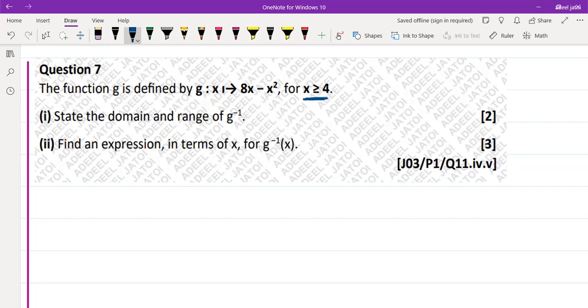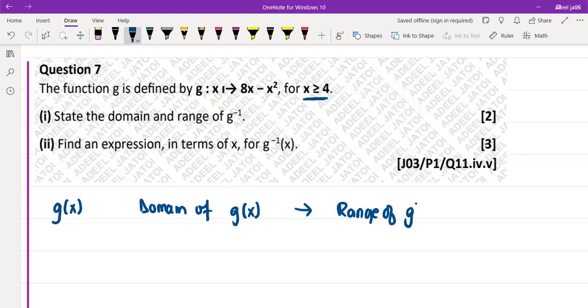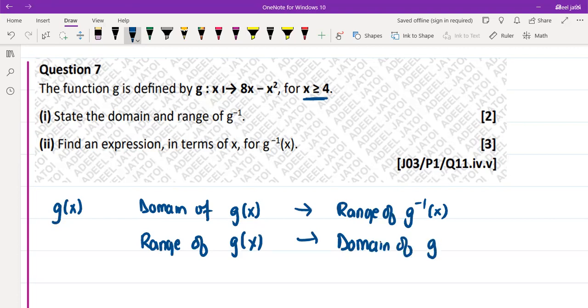So before moving to this, you should know that the domain of g(x) can be written down as the range of g inverse of x, whereas the range of g(x) can be written down as the domain of g inverse of x.